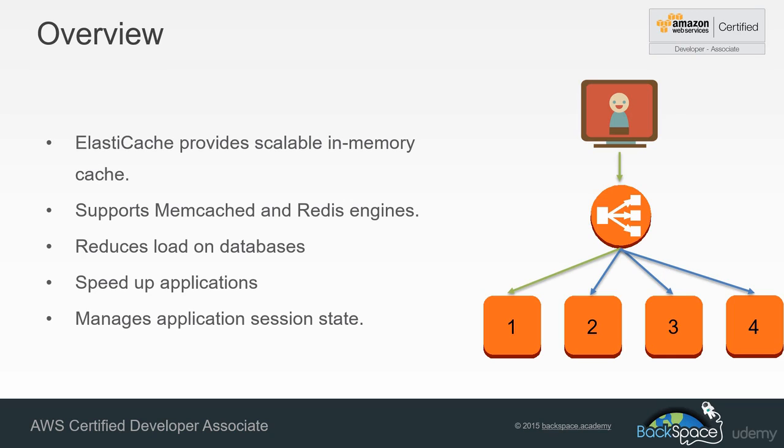Another very good use case is to manage application session state. What we mean by that is, if you have a look at the diagram there on the right-hand side, we can see that we've got a user who is connected in through an Elastic Load Balancer and will be connected to one of 4 EC2 instances.